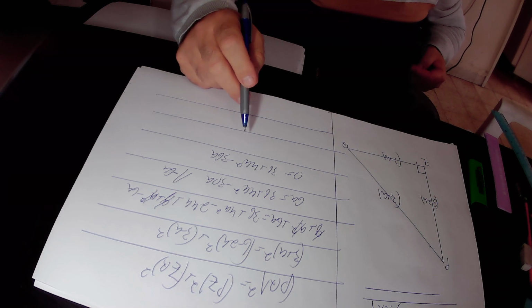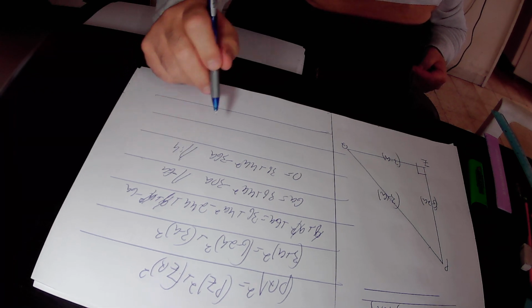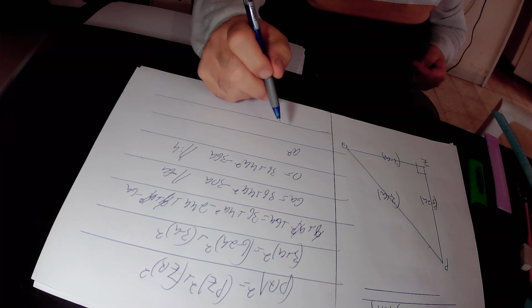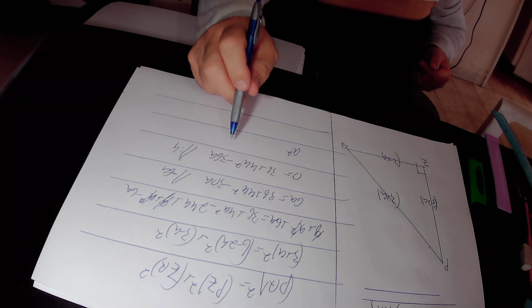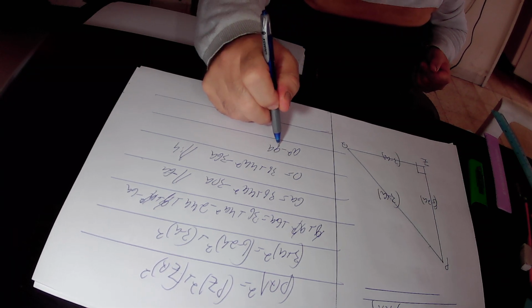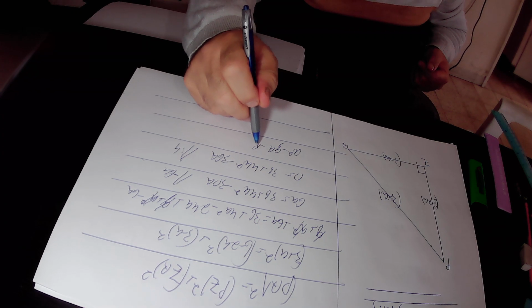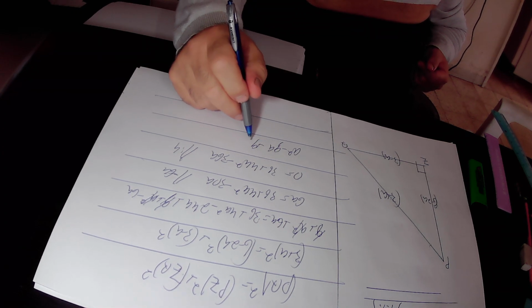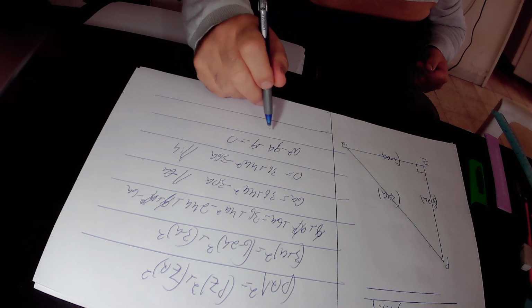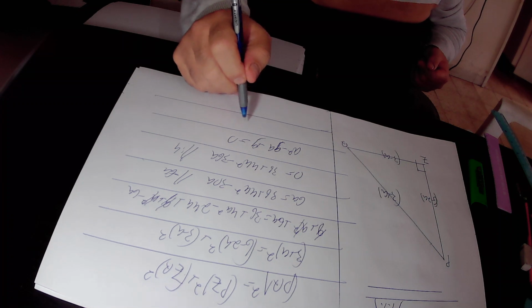Here we will divide this equation by 4, and we get that 4a² over 4 is a², minus 36a over 4 is minus 9a, and finally 36 over 4 is 9. 0 over 4 is 0. In conclusion, a² minus 9a plus 9 equals 0.